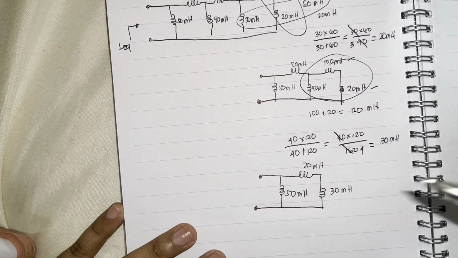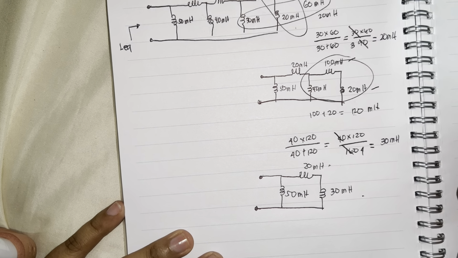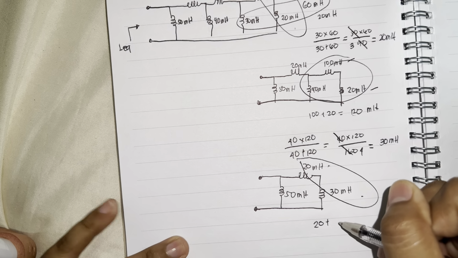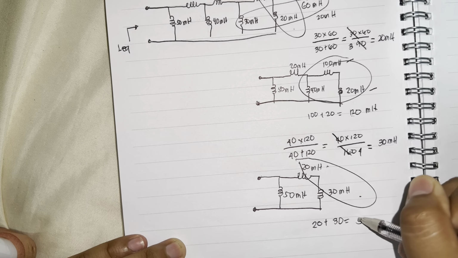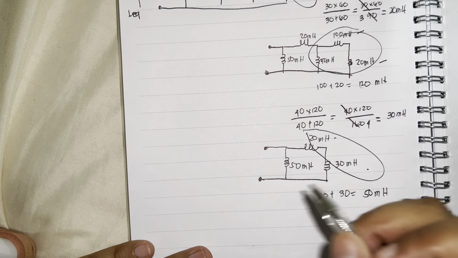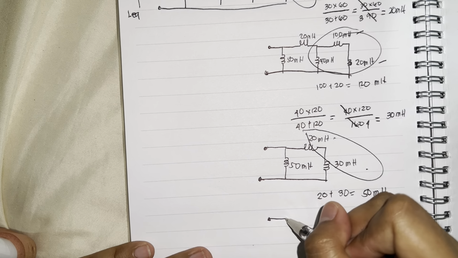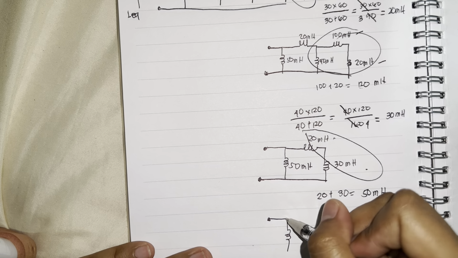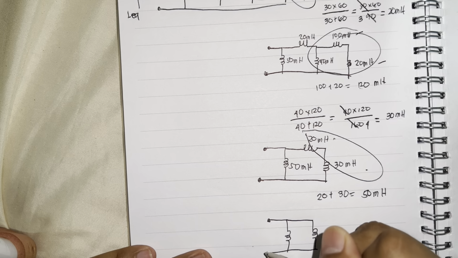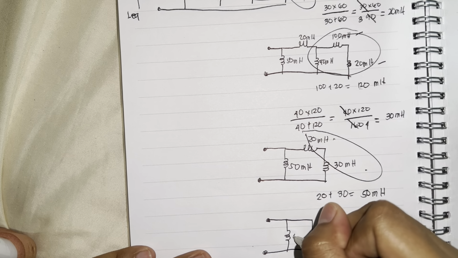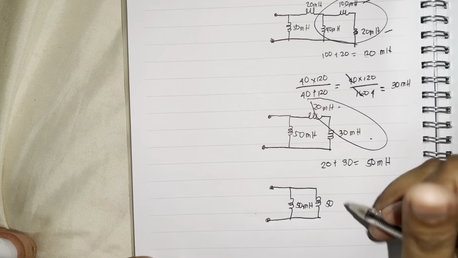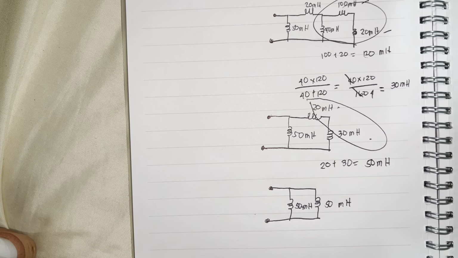Then 20 and 30 are in series, so we just add them: 20 plus 30 is equal to 50 millihenry. So the circuit will look like this, and they will be in parallel. So this one is 50 millihenry and 50 millihenry.